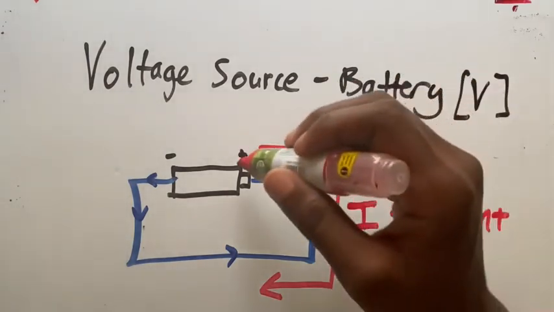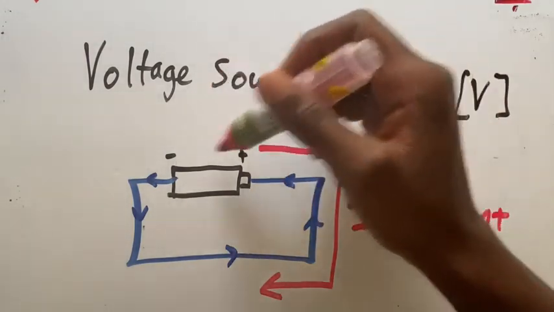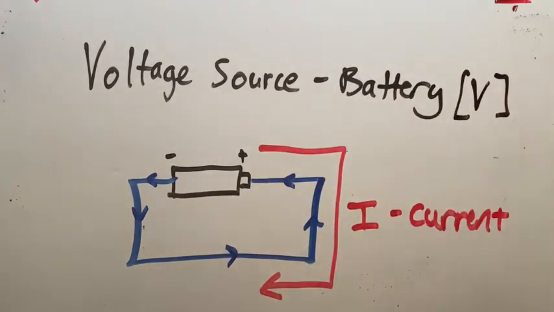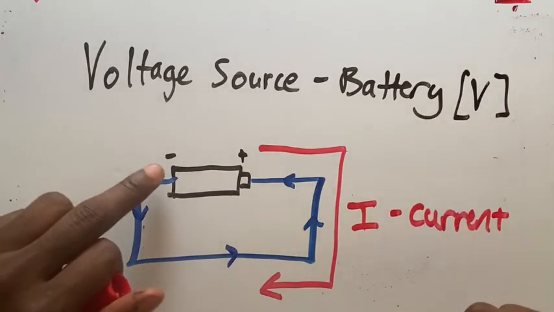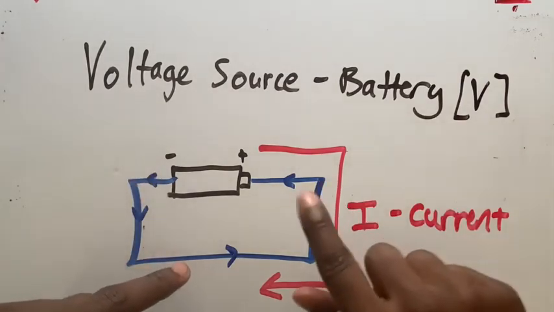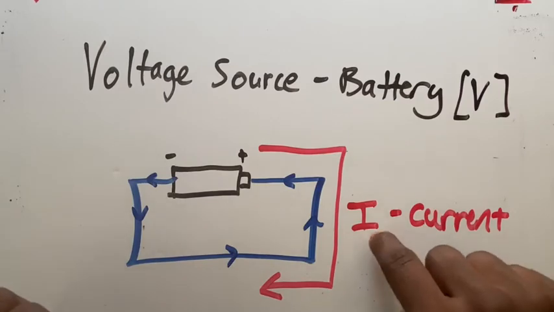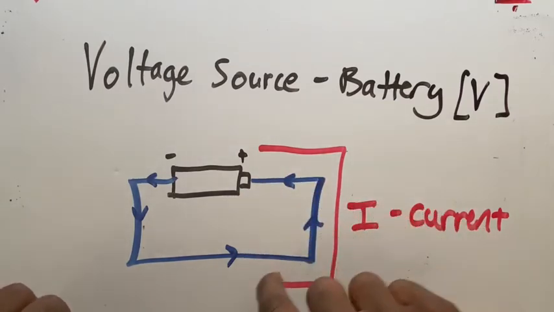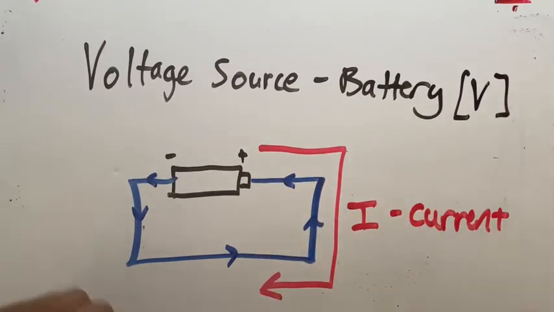So we usually say the direction of the current flows from high to low, or from positive to negative. But physically what's happening is the electrons are flowing the opposite way, but we always label the current going opposite to the electrons. Cool. So I hope that makes a little bit of sense.